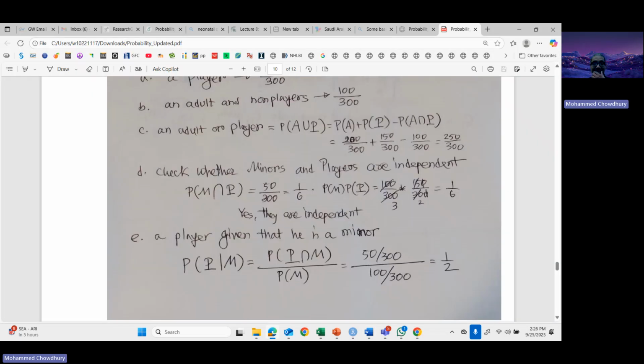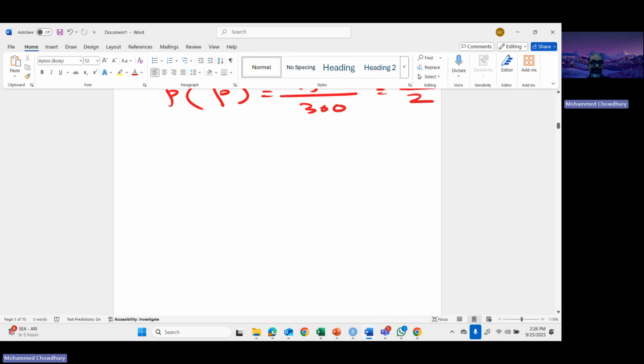So now they are independent. Yes, they are independent.